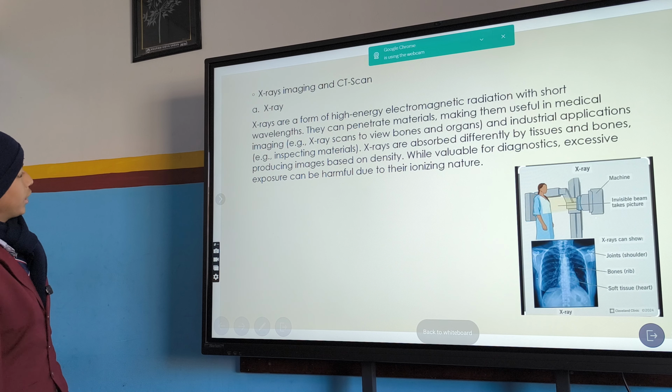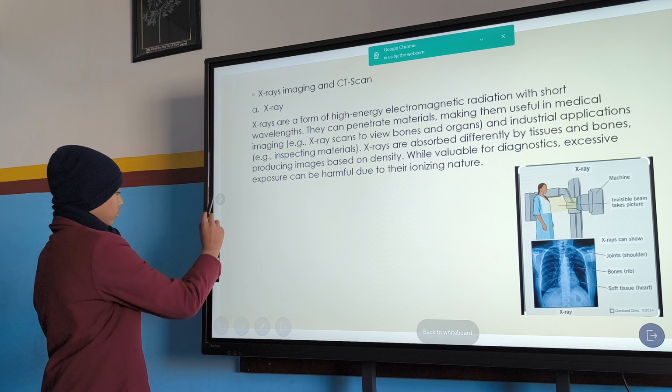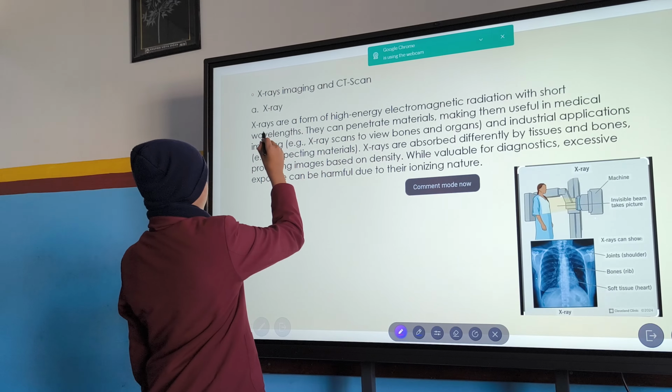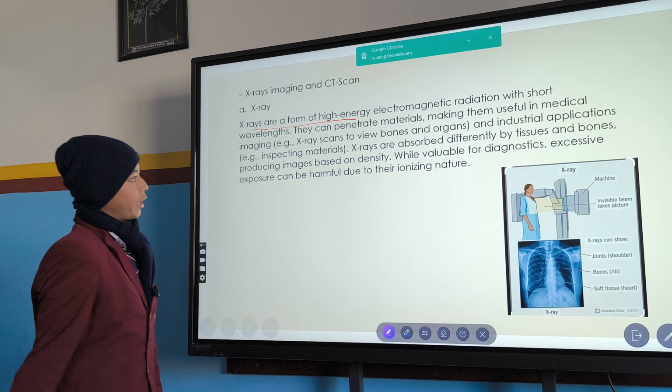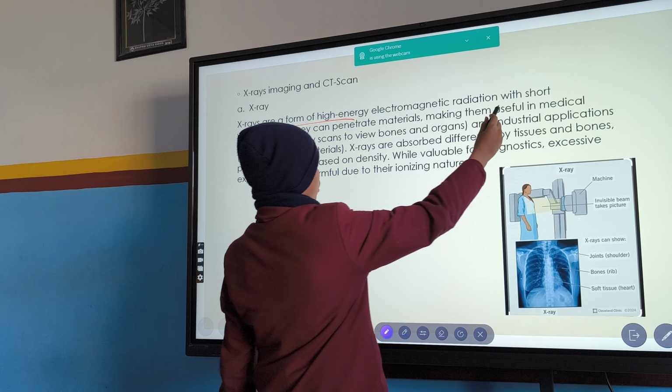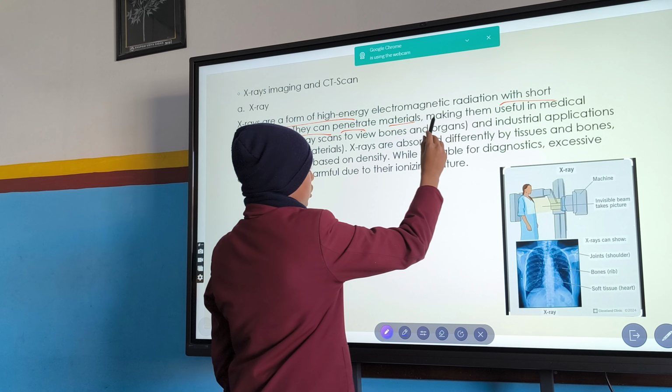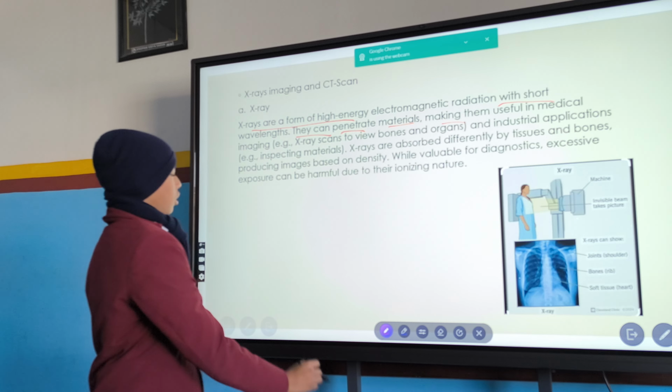X-rays and CT scan. X-rays are a form of high energy electromagnetic radiation with short wavelengths. They can penetrate materials, making them useful in medical imaging.